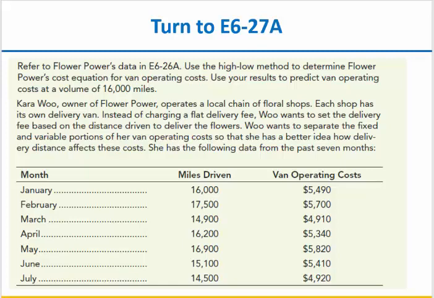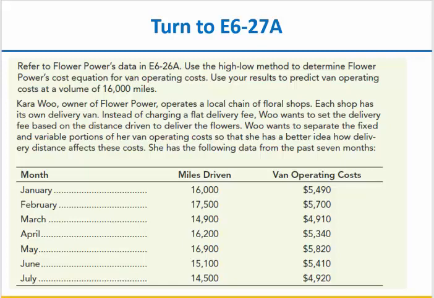So the miles driven actually tell you these numbers, because miles driven is volume, that's activity. I would say February, 17,500, gives me the highest activity. Then for the lowest activity, I'm looking at July, which is 14,500.